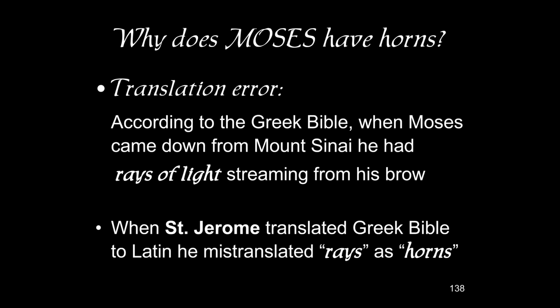According to the Greek Bible, and you may know that the Hebrew Bible was first passed down orally, then was written down in Hebrew. But in the Hellenistic world, not everybody was reading Hebrew, and so they had a translation made into Greek. It's called the Septuagint, from the 70 translators, approximately 70 translators, who translated it.